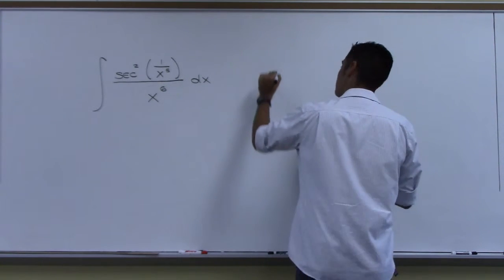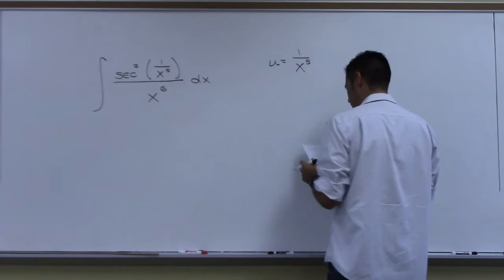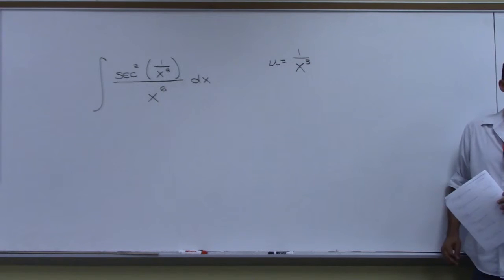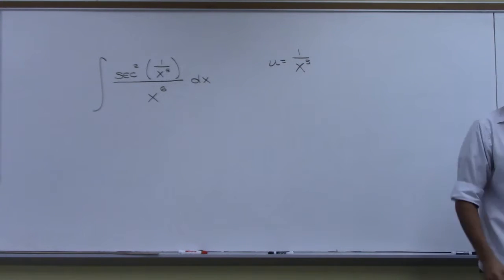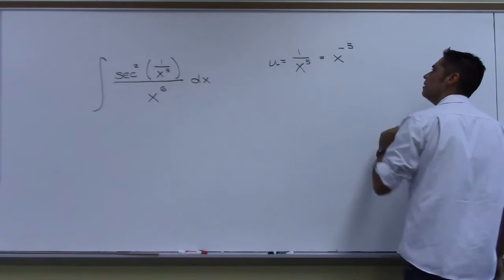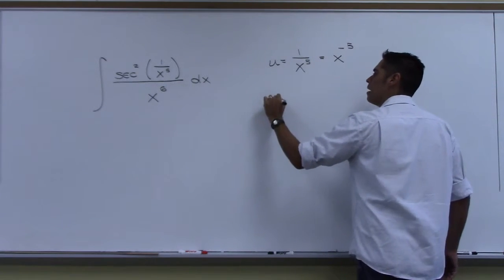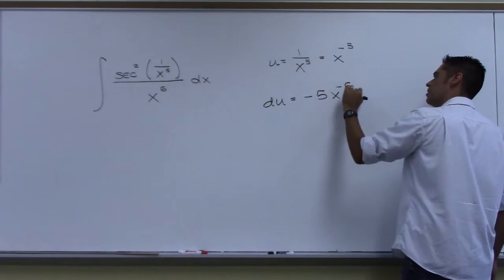This is so u is equal to 1 over x to the 5th, right? They're telling you what substitution to make. And so you could rewrite that as x to the negative 5. And then the derivative of that is negative 5x to the negative 6 dx.